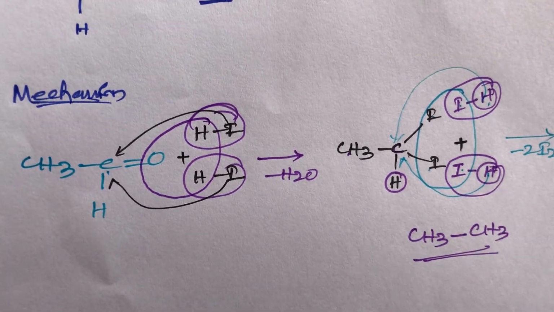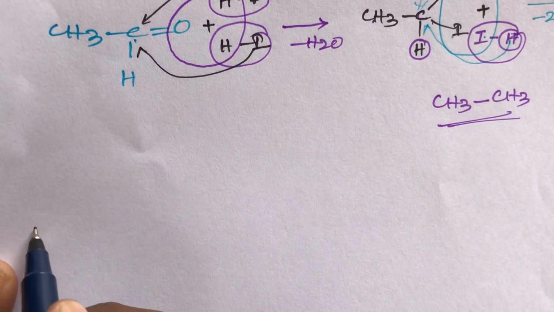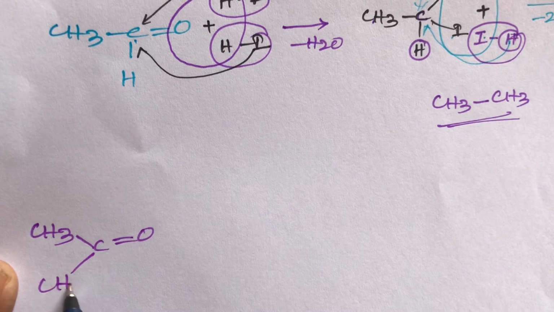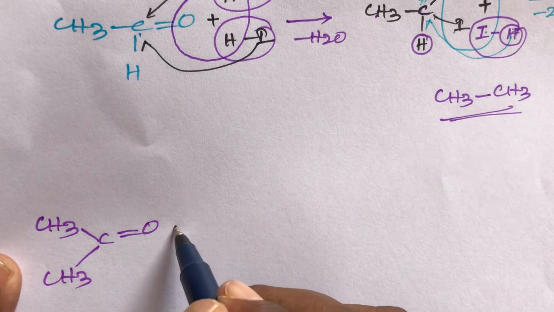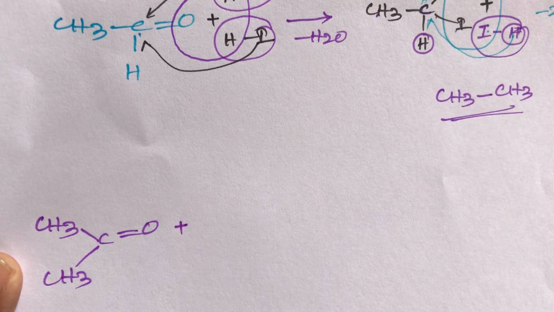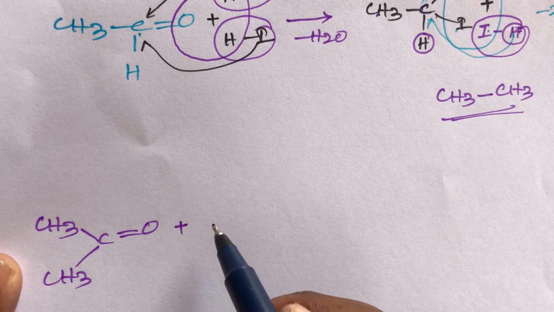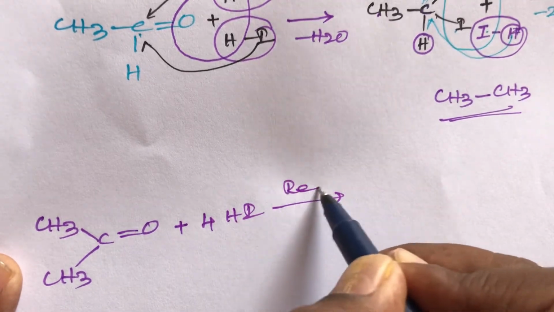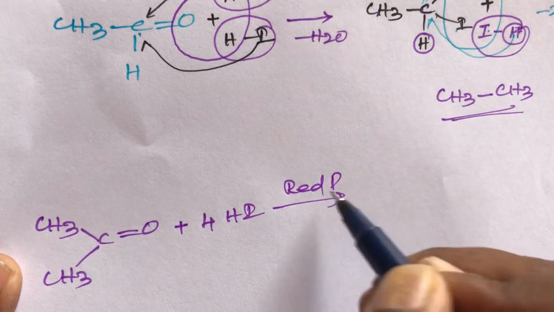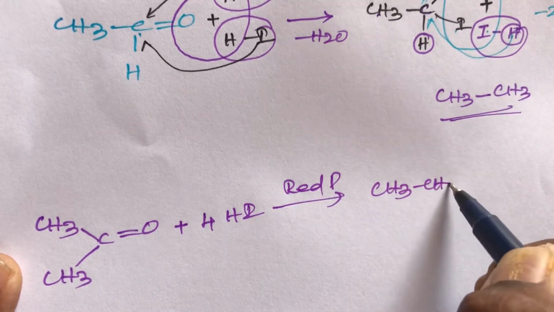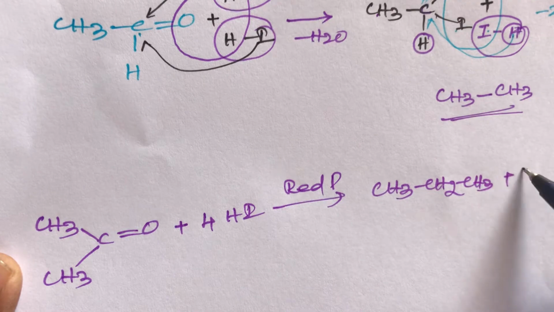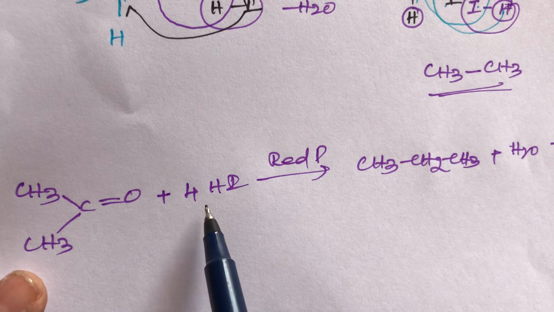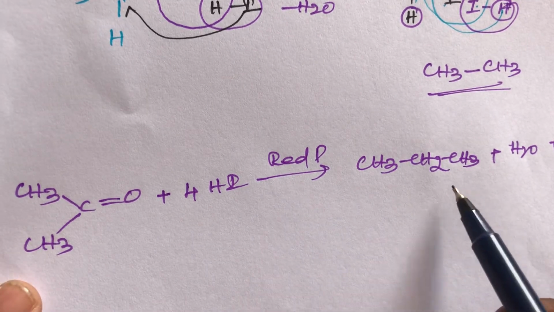Now take one more example, acetone, CH3 C double bond O CH3. When acetone reacts with HI in the presence of red phosphorus, 4 moles of HI are involved, and it gives CH3 CH2 CH3, propane, plus water plus 2 I2.